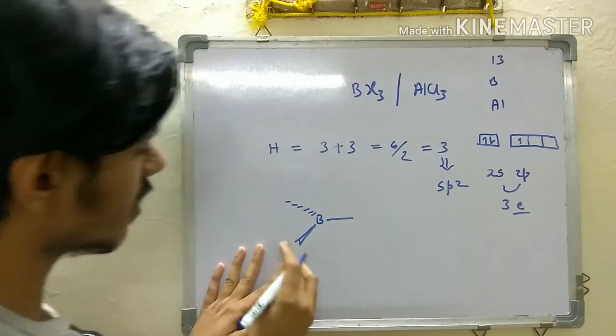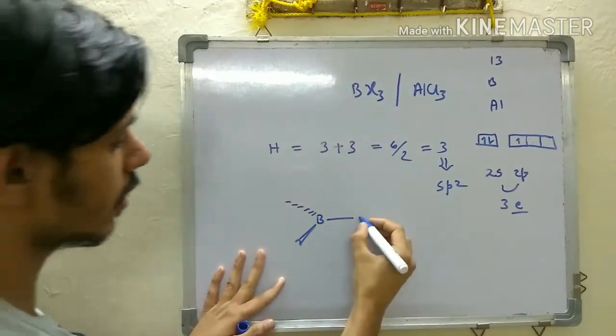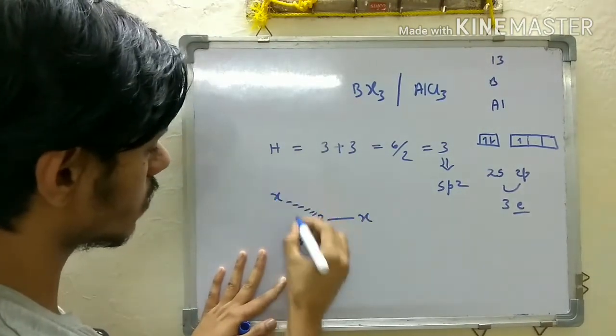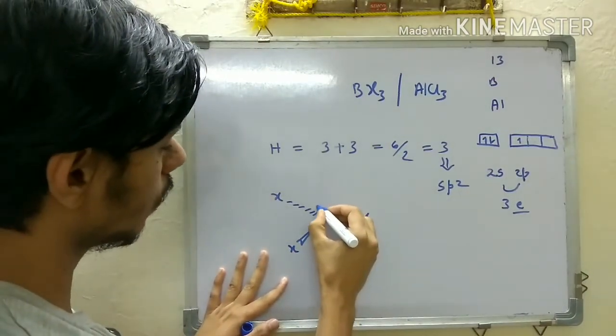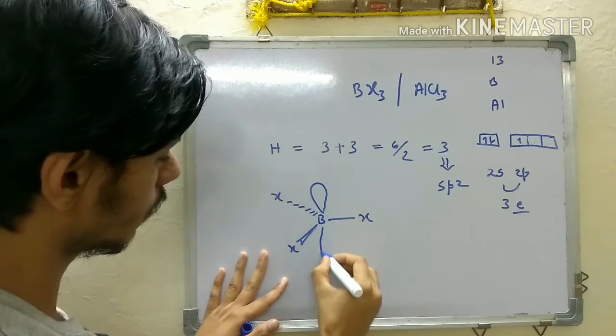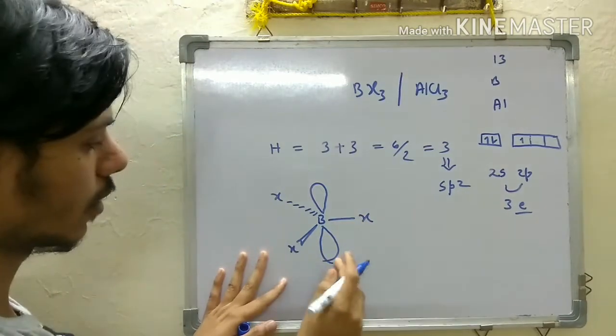So these are 3 sp2 hybrid orbitals, and each will contain 1 electron. You can have aluminium here, and there will be a vacant p orbital, right?